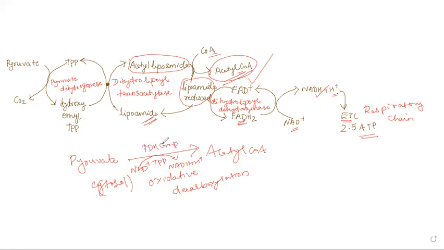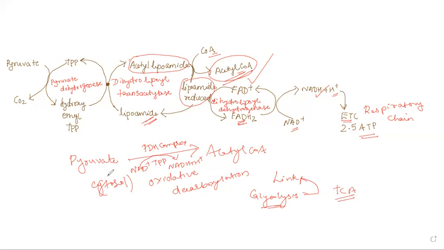PDH complex is the enzyme which converts pyruvate to acetyl CoA. So this step, pyruvate to acetyl CoA, is a link between glycolysis and the TCA cycle or the citric acid cycle.